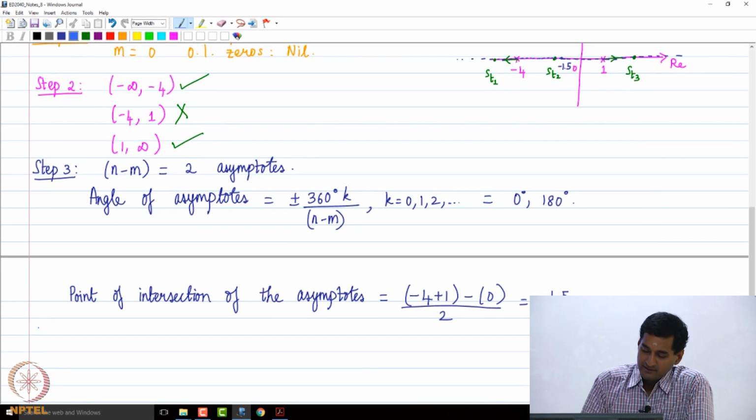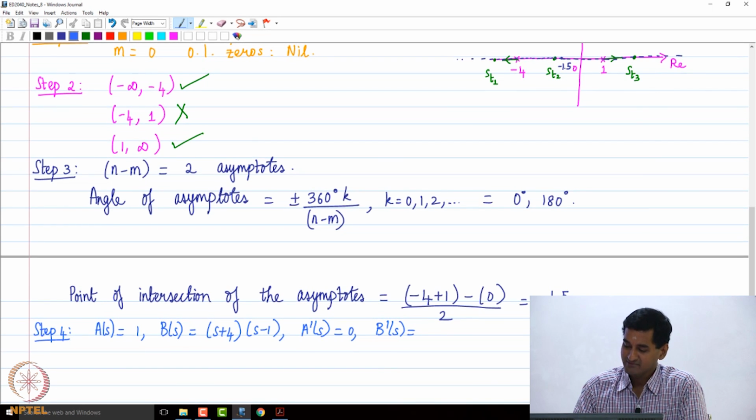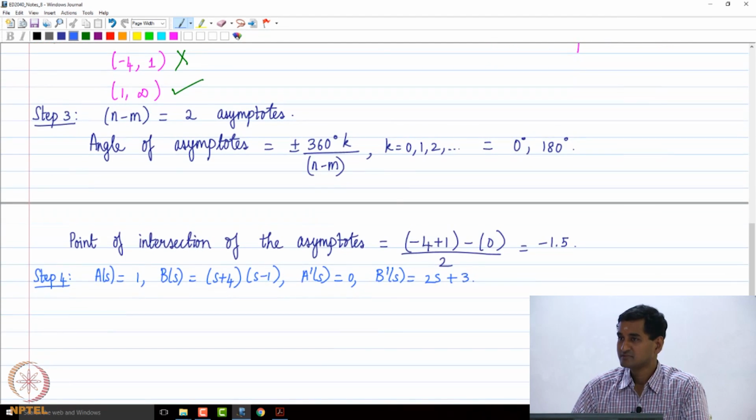Now let's go to step 4. Step 4 is once again going to be breakaway and break-in points. The structure is still the same. A of s is this, B of s is going to be s plus 4 times s minus 1, A prime of s is going to be 0, and B prime of s is going to be, what did we get last time? It was 2s plus 3, correct?